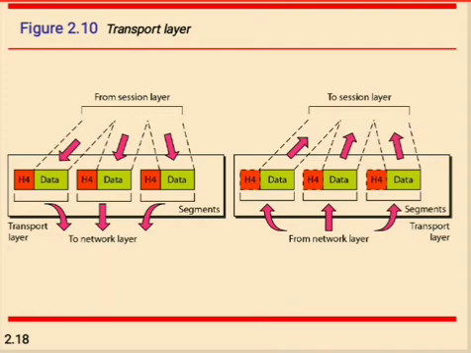Here the flow and error control ensure proper data transmission. It also adds the source and destination port number in the header and forwards the segmented data to the network layer.